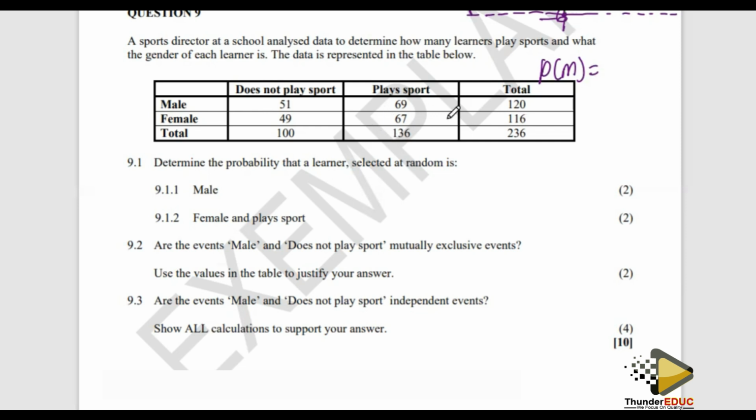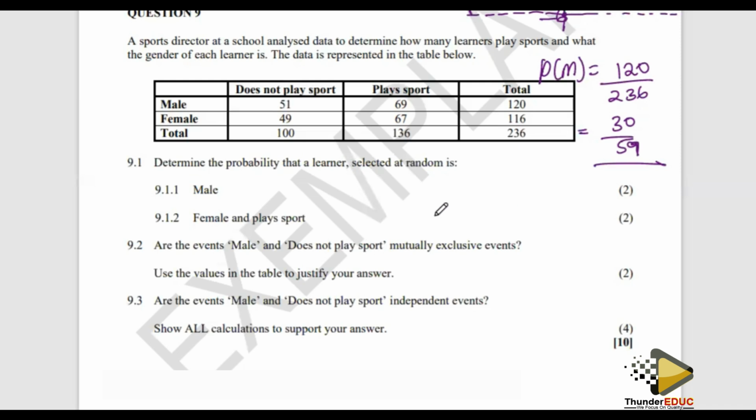How many male learners do we have? 120. So it's 120 divided by 236. When I simplify this, I'm getting 30 over 59. You can leave it like that, or you can give it as a decimal, which is 0.51.